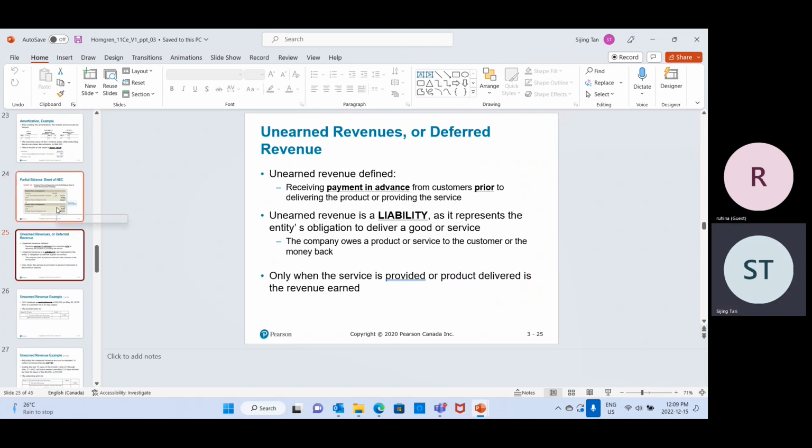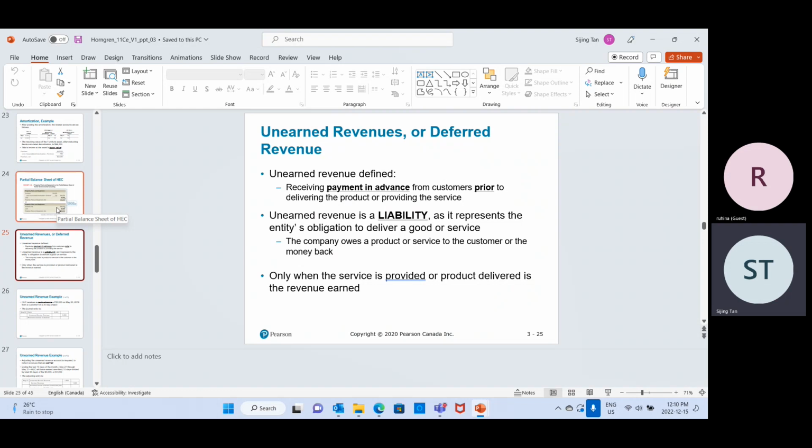Unearned revenue. So that is number 3. This is the third special account we're going to talk about. Unearned revenue arises when the business receives cash in one period, but does not earn all of it until the next period. Sometimes, if you're in a catering business, other businesses order catering services from you.